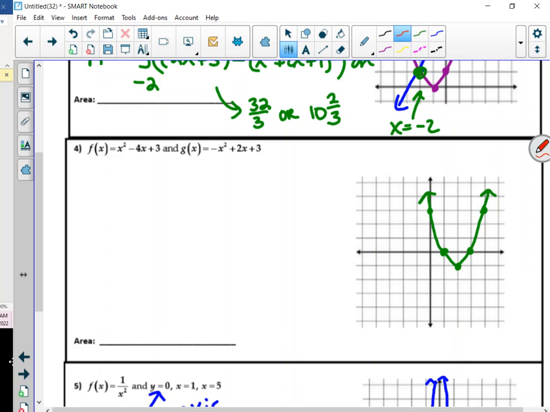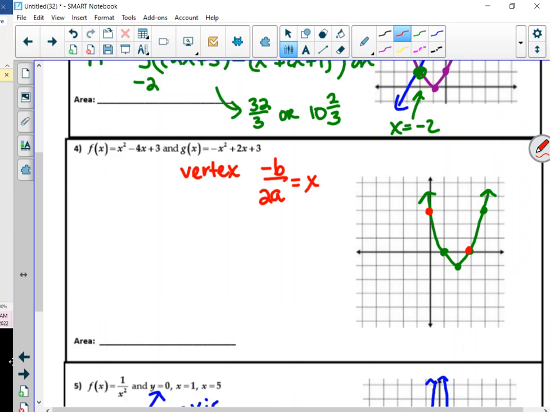And then this guy, I know he intersects, actually no, I can cheat a little bit on this guy. And his vertex, I don't know if you remember this, the vertex is the opposite of b over 2a. It gives you the x value of the vertex for a parabola.